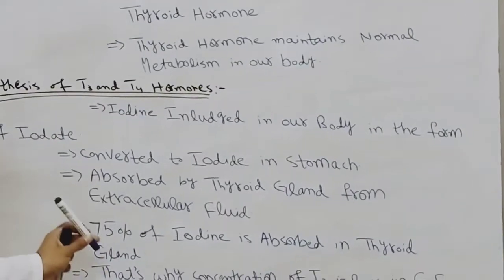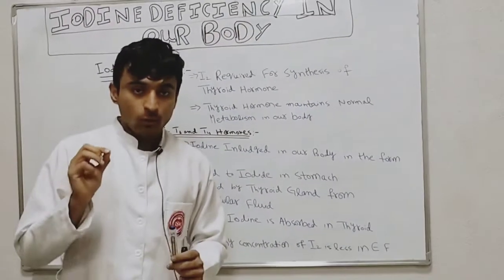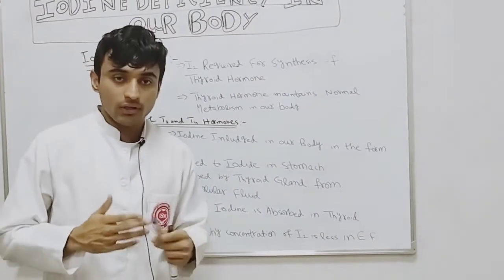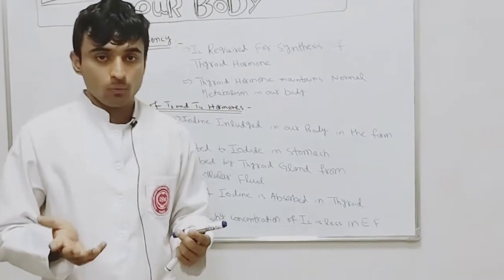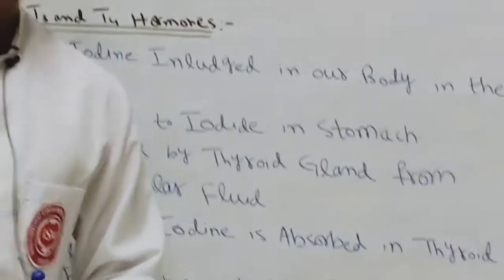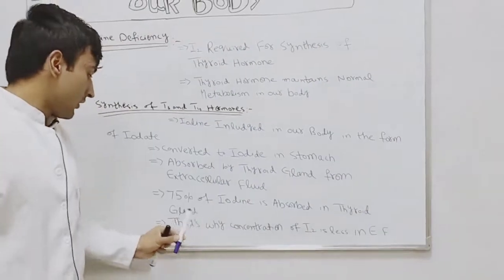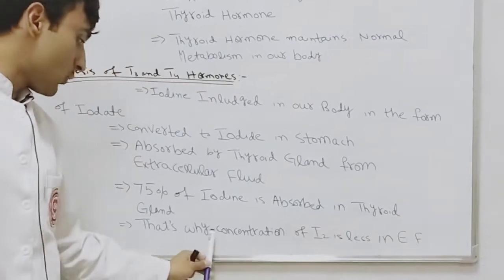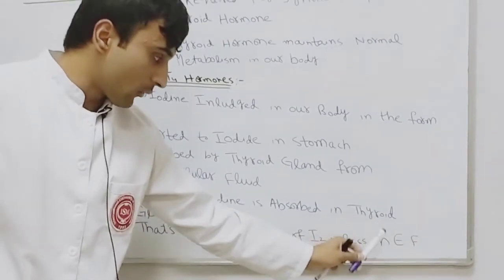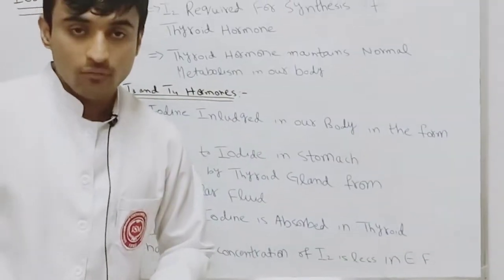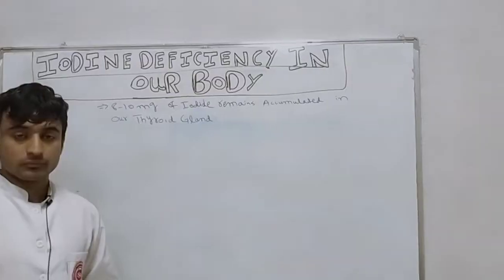From the extracellular fluid, 75% of iodide is absorbed into the thyroid gland because it is required for the production of the thyroid hormones. So that's why it is a very noticeable feature that the concentration of iodide always remains low in the extracellular fluid. Why does the concentration of iodine remain low in the extracellular fluid? Because 75% of iodine is absorbed in the thyroid gland for the synthesis of the thyroid hormones.